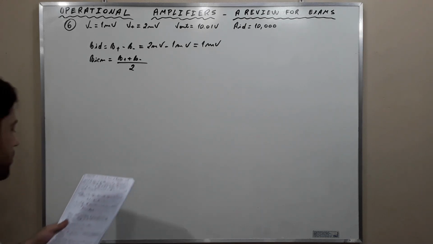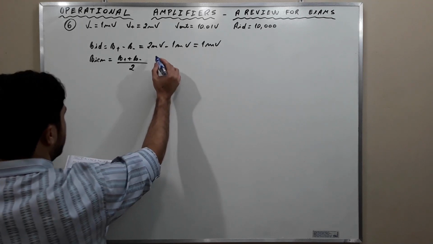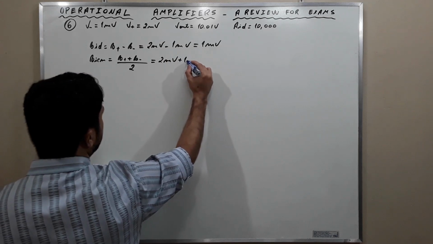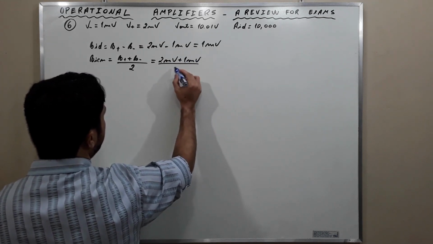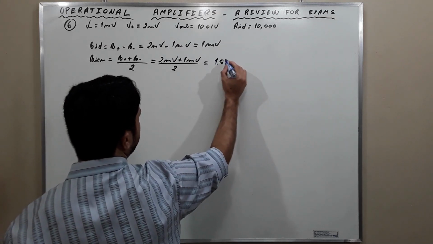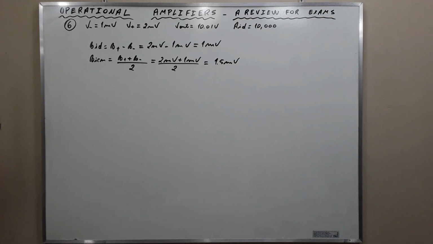And in this case, the common mode input voltage is 2 millivolts plus 1 millivolt divided by 2, which is 1.5 millivolts.